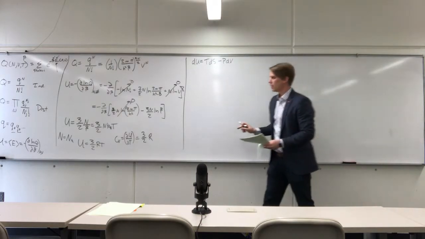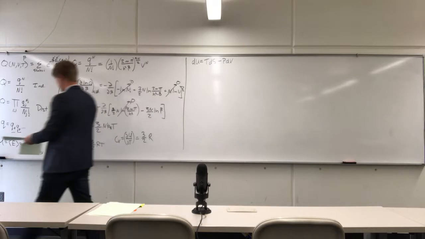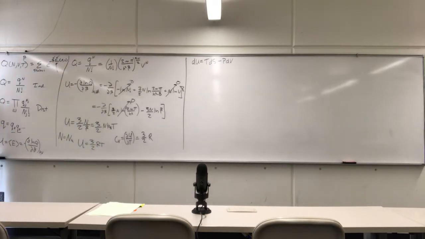So what we're going to try and do is manipulate this equation that we've derived for the average energy of the system in the canonical ensemble. We relate it to the internal energy.